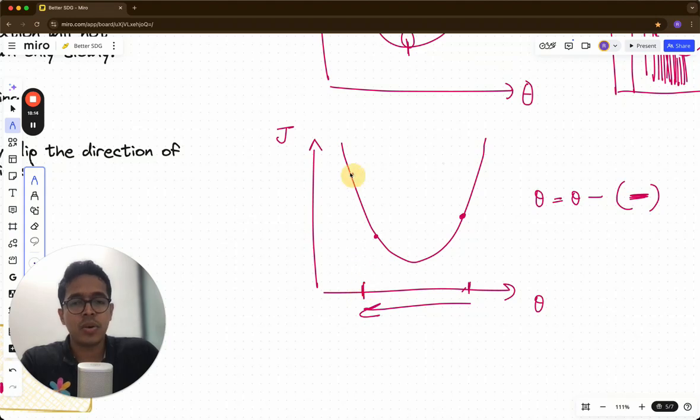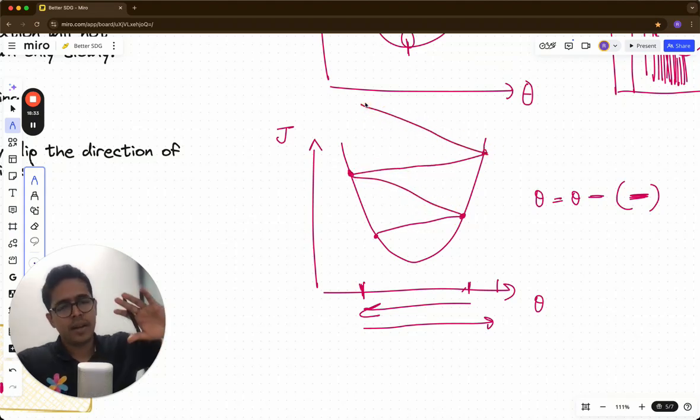Now because slope is negative, you will have a negative of a negative number, which means positive. So you're adding some higher value to theta, so you will reach here. So essentially what you're doing is you are oscillating. You're going to higher and higher values of J if you are using vanilla gradient descent.